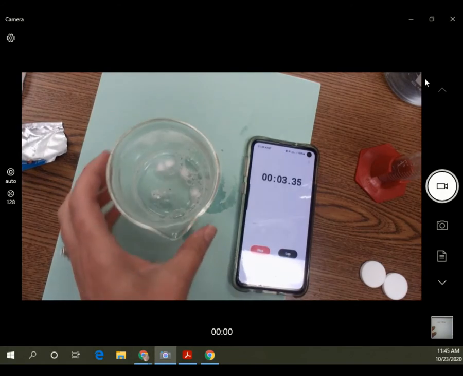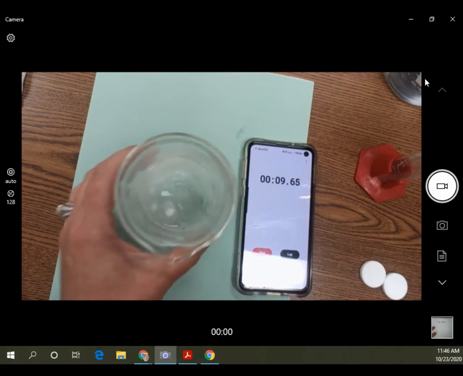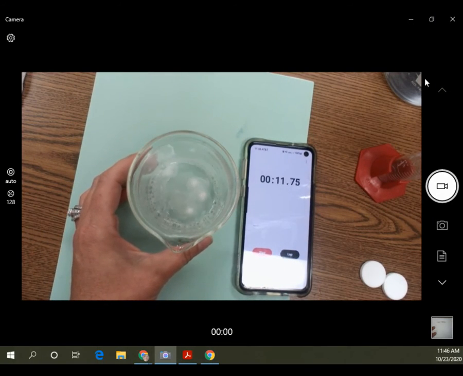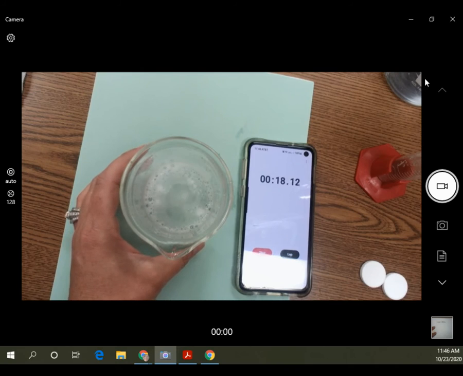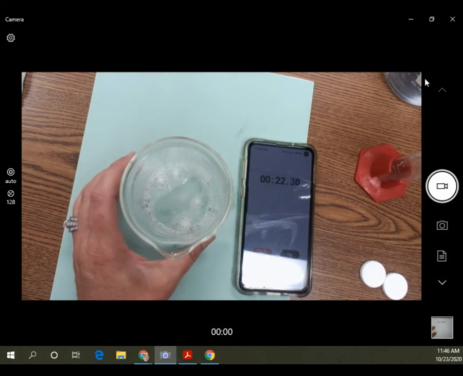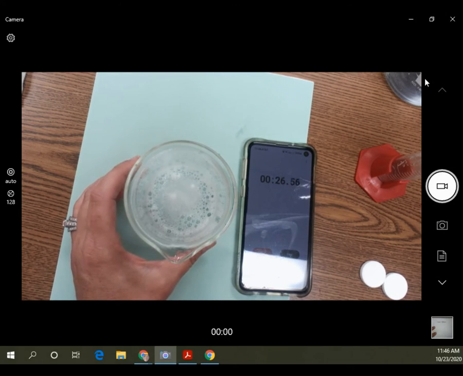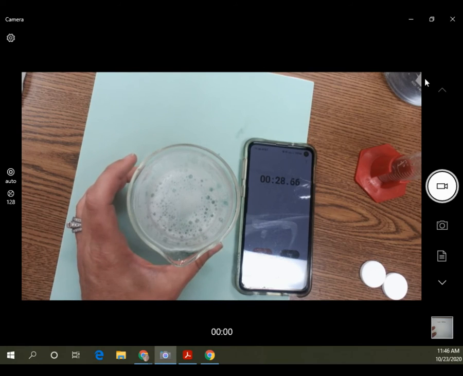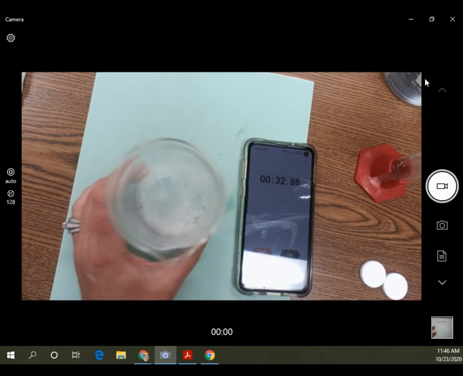All right. Seems like the several pieces does make a lot more bubbles, but maybe that's just more reaction happening on the surface.